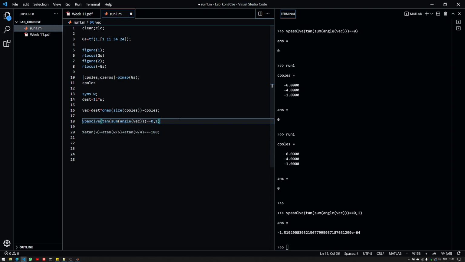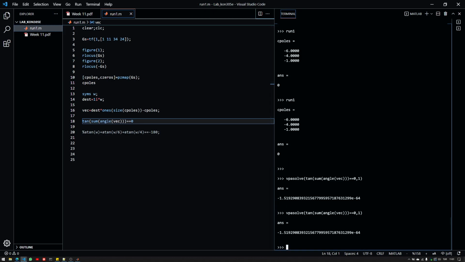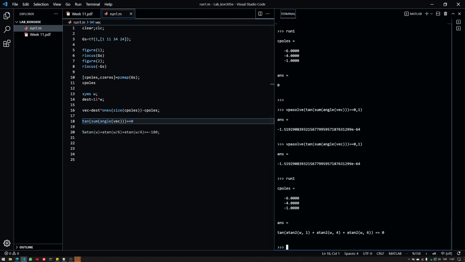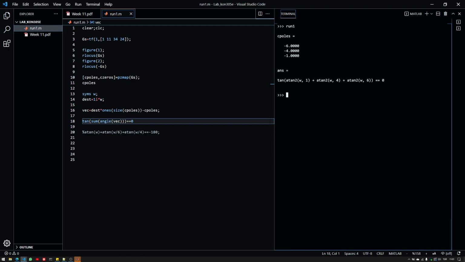Now I still have this equation. So let's have the equation again. So this is our equation. So what about trigonometric identities?